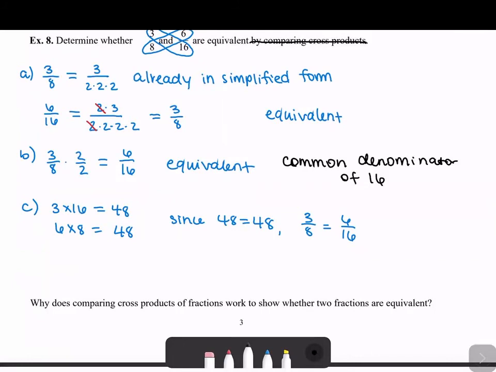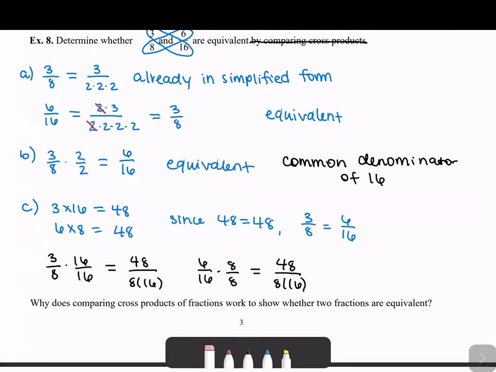But look at what this actually does. If we look at 3 over 8 and we multiply it by 16 over 16, what we get is 48 over whatever 8 times 16 is. And on the other hand, if we look at 6 over 16 and we multiply it by 8 over 8, we're looking at 48 over, again, whatever 8 times 16 is.